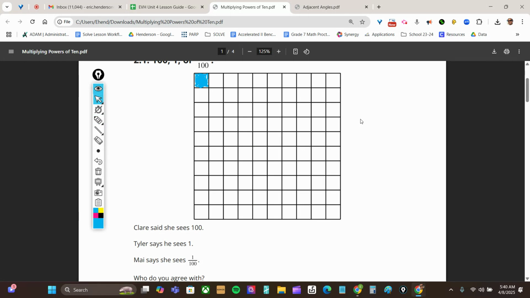Alright, just for clarity, start down here. This is if you're looking at one square, as one complete unit.